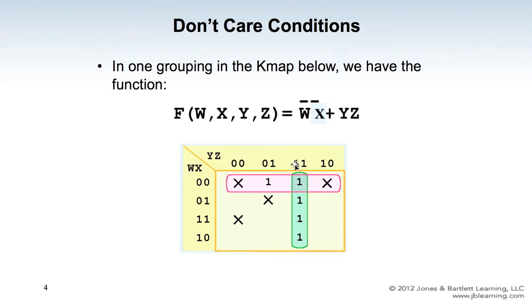The second group is all values of 1, so it is YZ. That's the first way we can consider the don't care condition. In this grouping we consider the value of X as 1, so we can group it with the existing ones together.